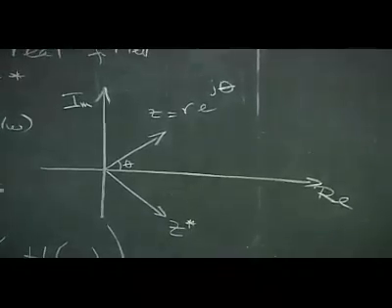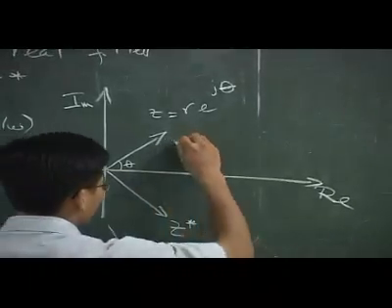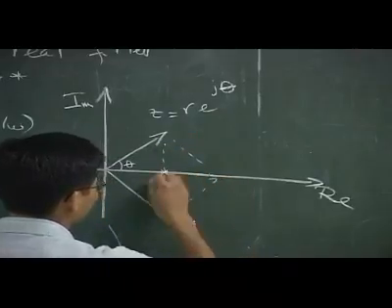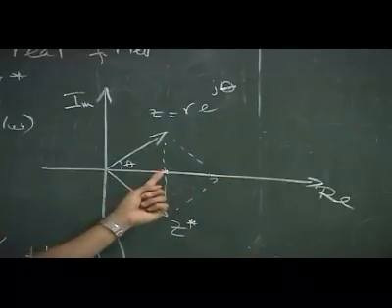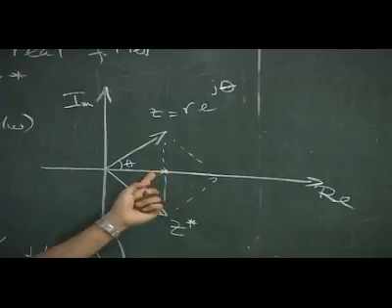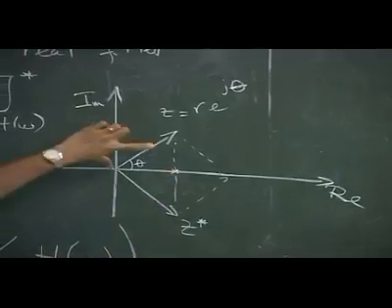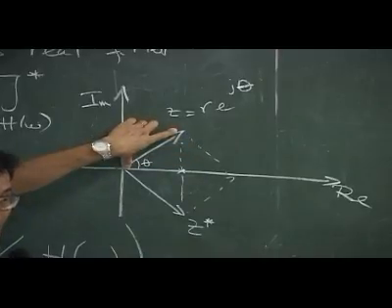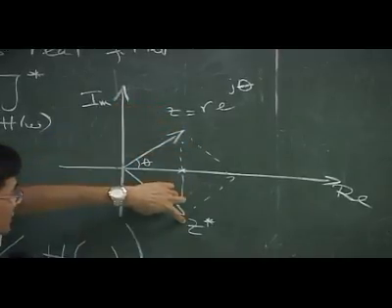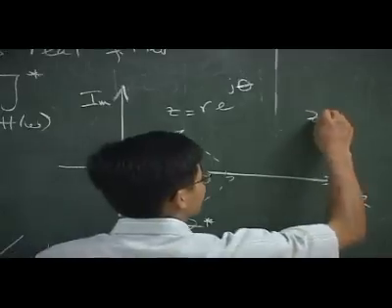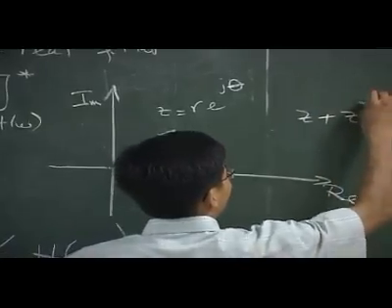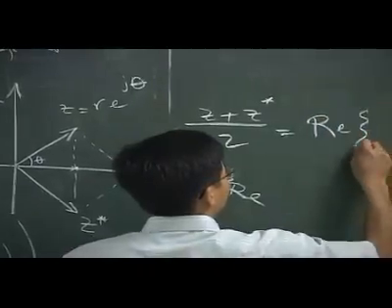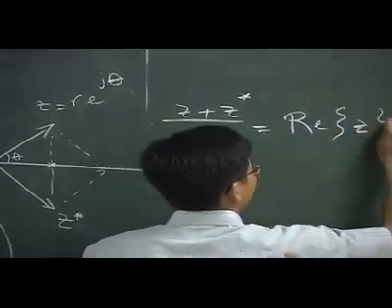When you add these two vectors together and divide by 2, what you get out is the real part of this complex number. So z plus z complex conjugate over 2 equals the real part of z.